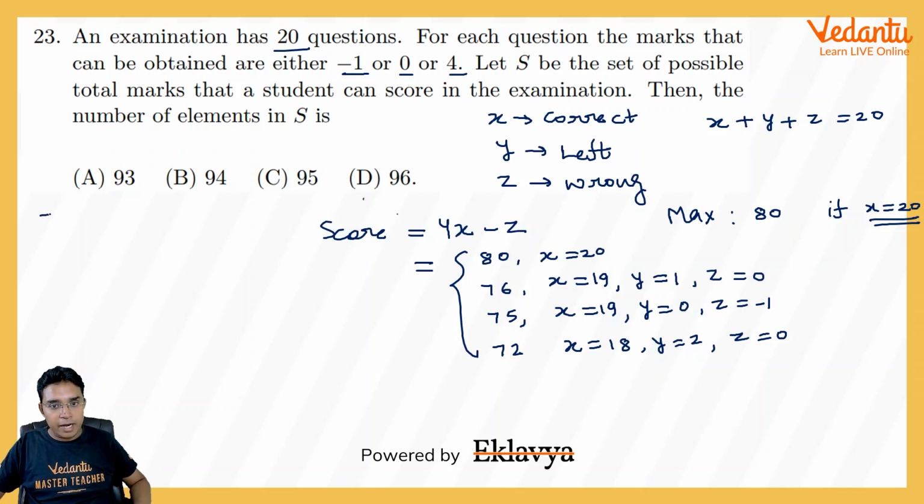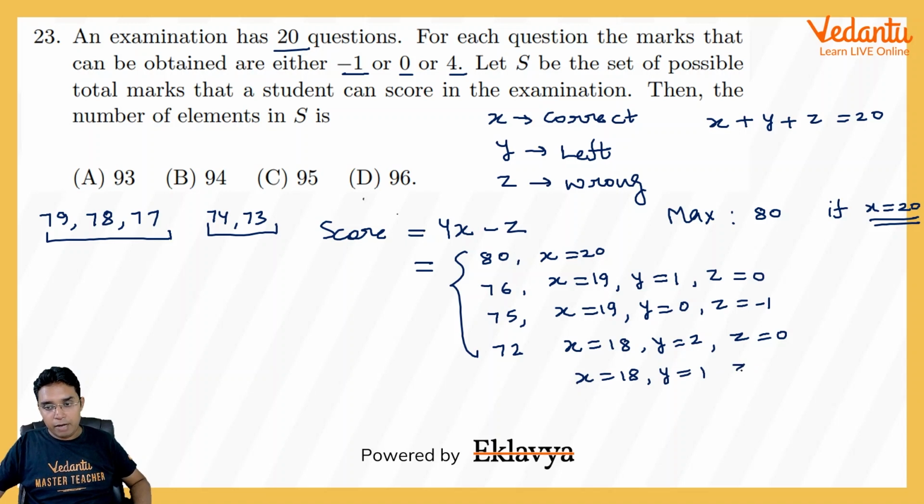In fact, let me write what are the marks that we cannot obtain. 79 we cannot obtain, 78 we cannot obtain, and 77 we cannot obtain. But next time if you notice, what was the gap? After 75, 74 and 73. So this has reduced. Now, if 18 questions are correct, I have left one and done one question wrong, then my score will be 71.